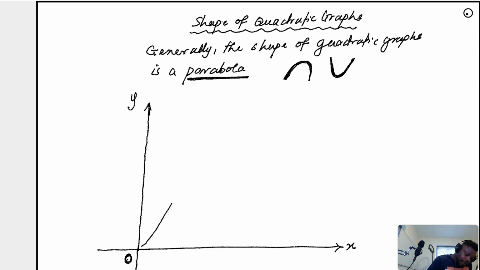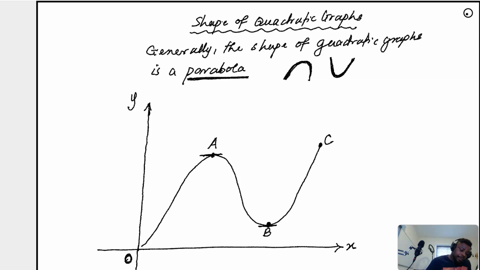So let's say I have something like this. All right. So this point here, let's call that point A. This point here, let's call it point B, and let's call here C.